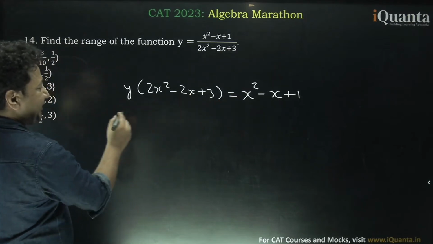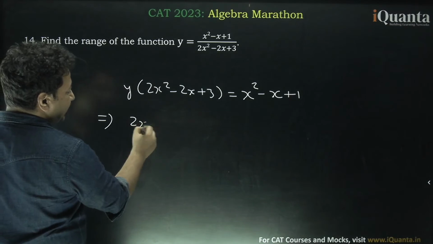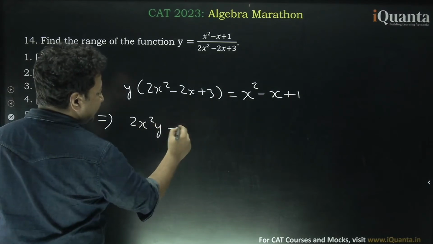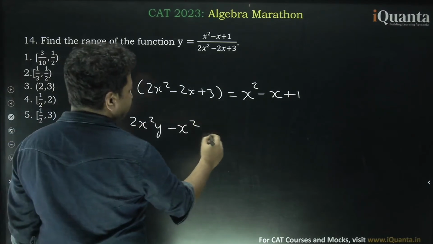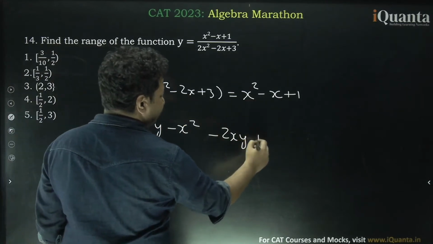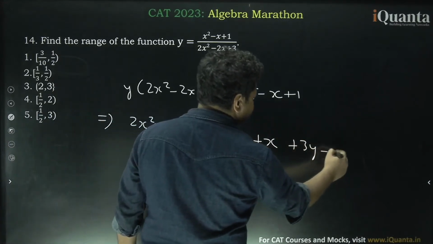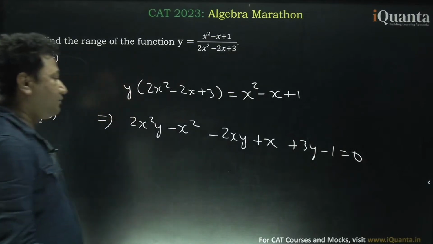Let us have the like terms together. So if I bring it here, we'll be having 2x squared y. This is minus x squared. This is minus 2xy. This comes here, becomes plus x. Then plus 3y minus 1 is equal to 0.